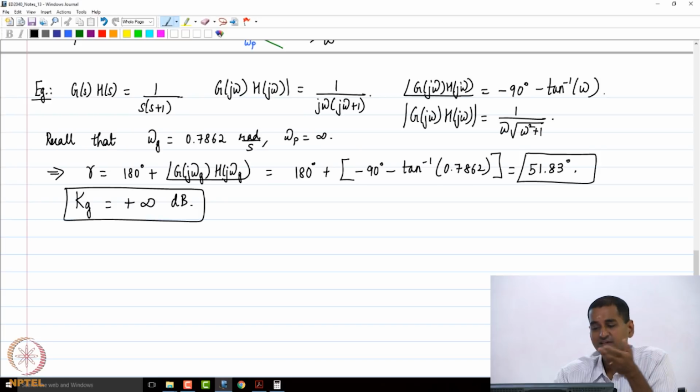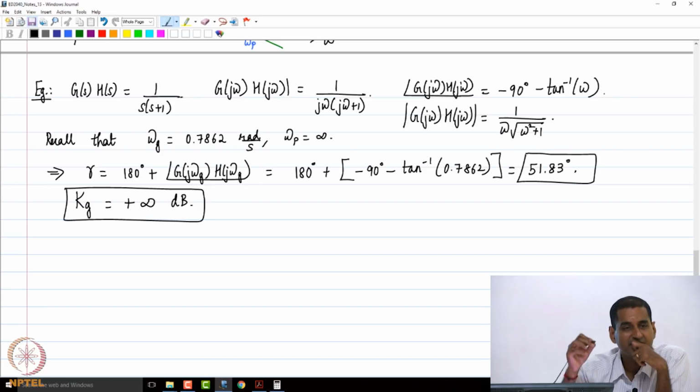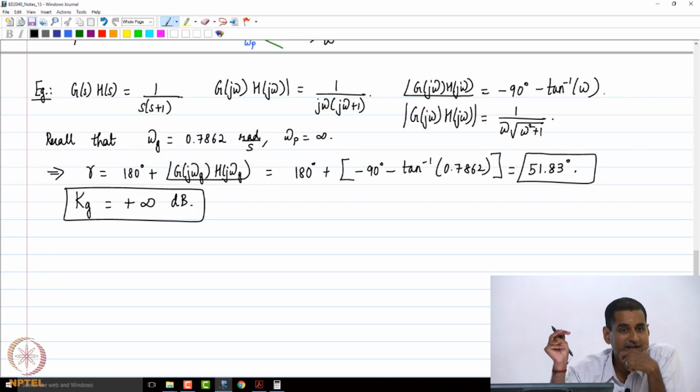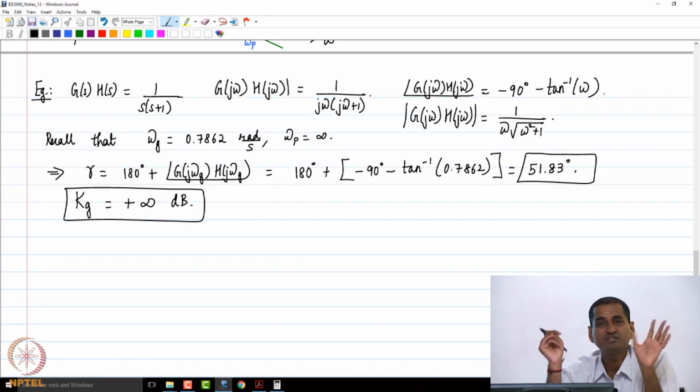So, essentially we see that it has infinite gain margin, in the sense that it is very tolerant to disturbances in the gain. You would need to scale the gain up by infinity to even bring the system to the verge of instability at the phase crossover frequency.